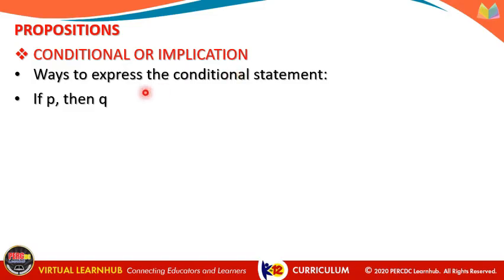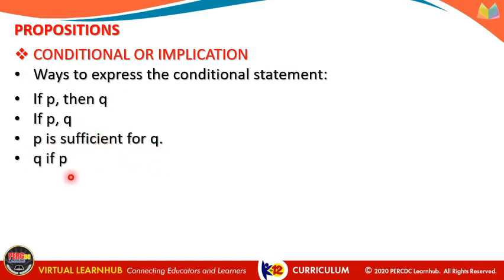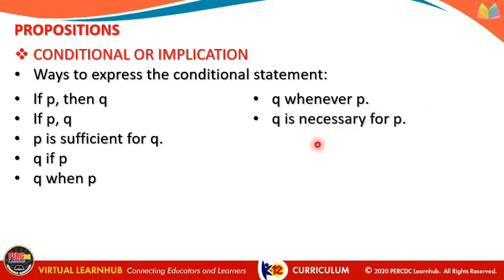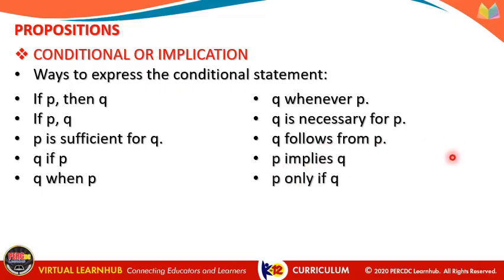So aside from this, you can also say that Q if P. You can also say Q when P. Q whenever P. Q is necessary for P. Q follows from P. P implies Q. P only if Q. So those are the different ways to express conditional propositions.